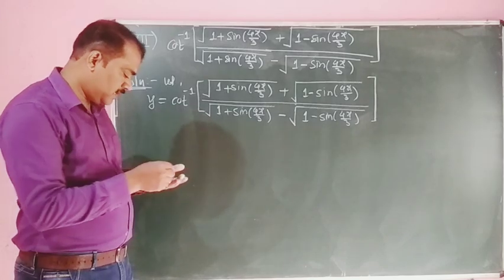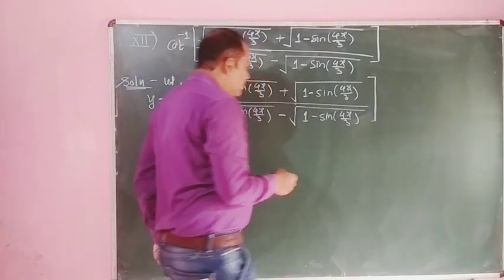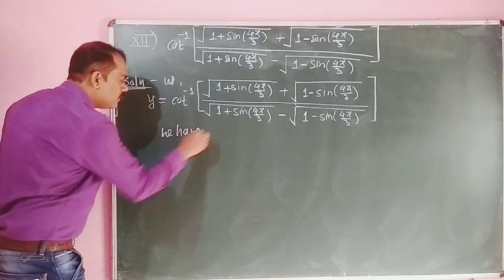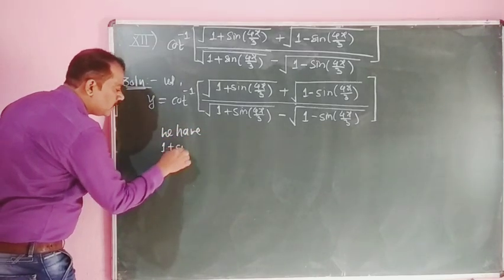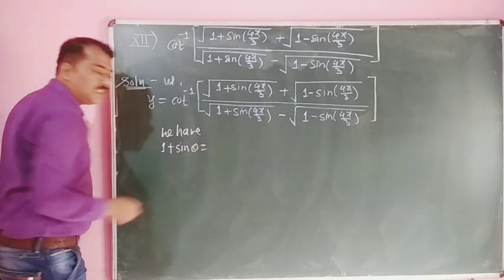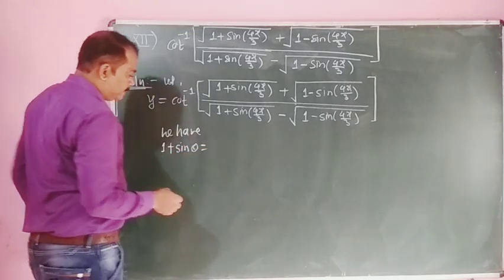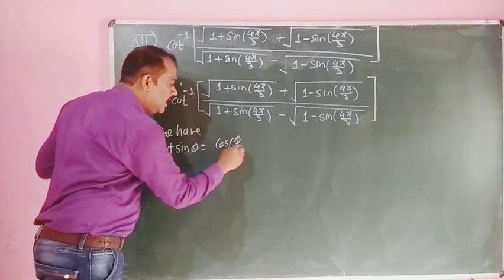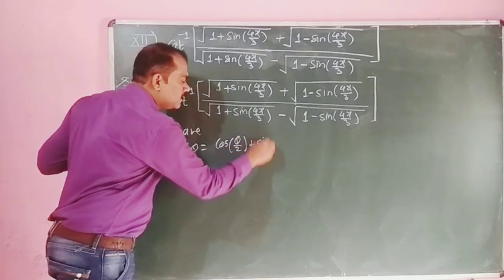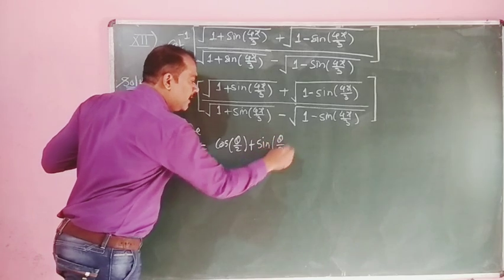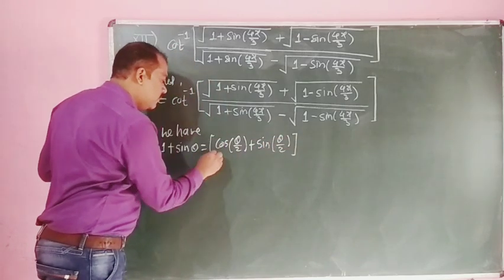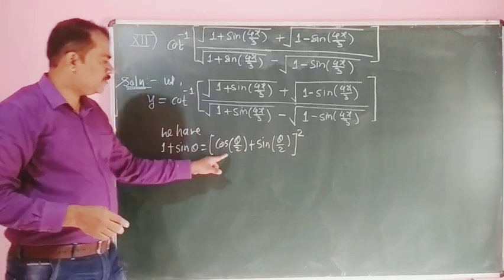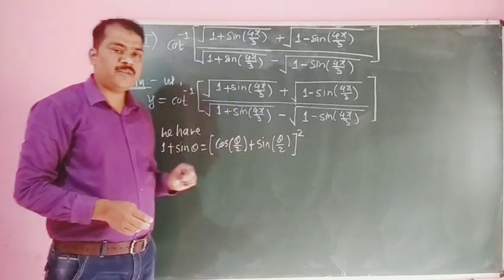What are the formulas? 1 plus sin theta is nothing but cos of theta by 2 plus sine of theta by 2, bracket square.